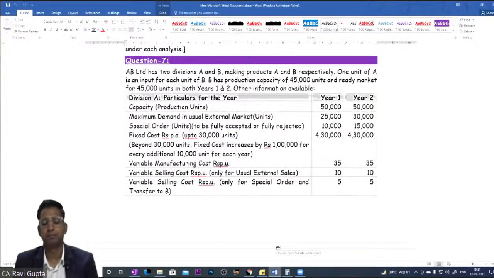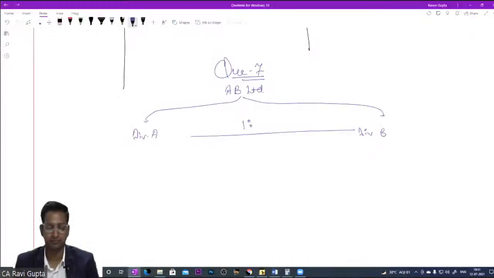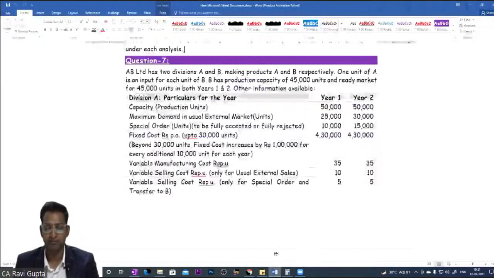It's saying B has the production capacity of 45,000 units. 45,000 units is the capacity of division B, and a ready market for 45,000 units in both year 1 and year 2. Okay, fine.